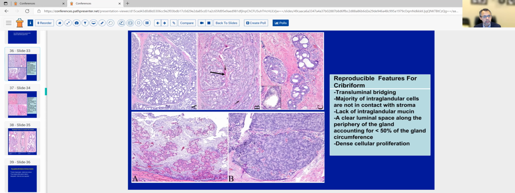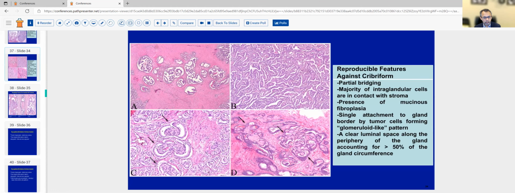I think you can see that in all of these. In an example like this, with a very small peripheral luminal space, if it is occupying a big part of the gland, then that is not associated with a reproducible diagnosis of cribriform prostate cancer. Here are some of the morphological features associated against a diagnosis of cribriform prostate cancer.